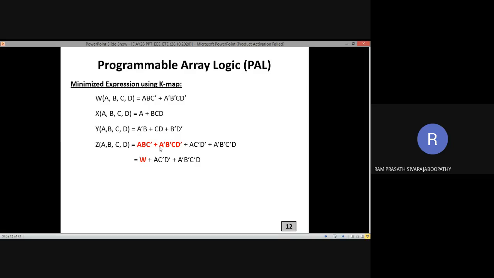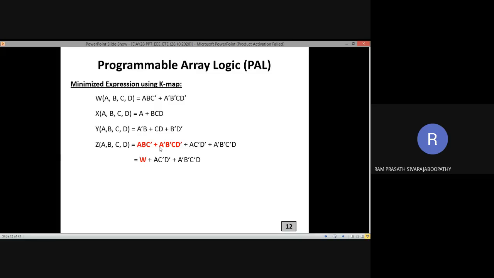So what is the maximum number of AND terms present among all the functions? We need to check the maximum number of AND terms in one function. The functions Y and Z have 3 AND terms. That is the maximum number of AND terms in any function we are having.